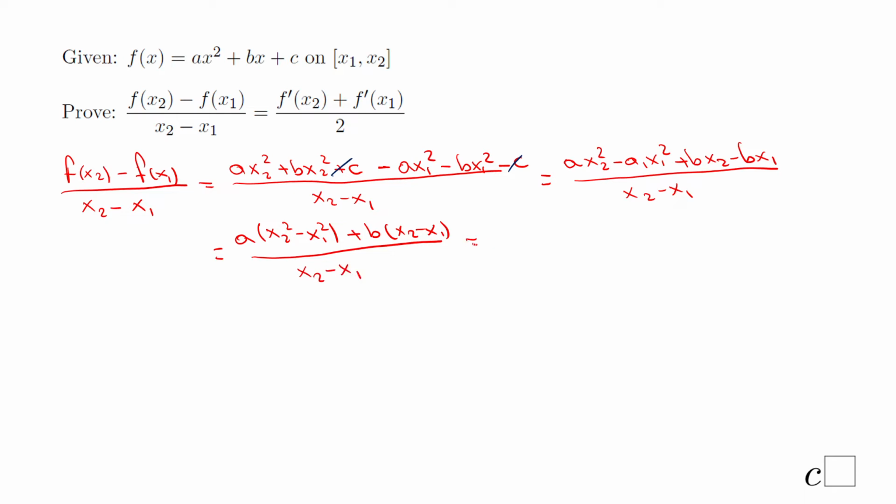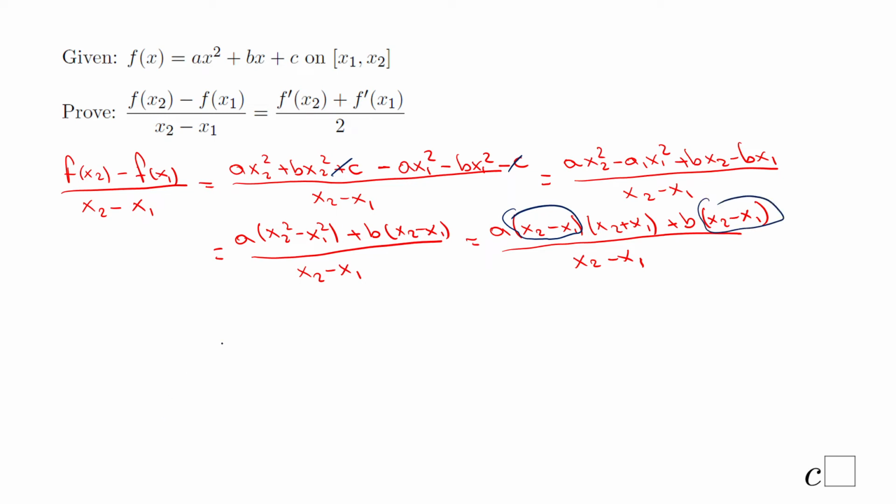Now you notice the numerator, I have a very interesting expression, a difference of squares, x2 minus x1 times x2 plus x1, plus b times x2 minus x1 over x2 minus x1. And now you notice we have a common factor, this x2 minus x1, this x2 minus x1. So I'm going to factor out x2 minus x1.